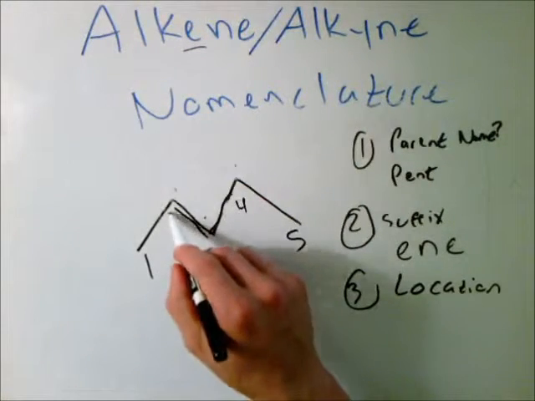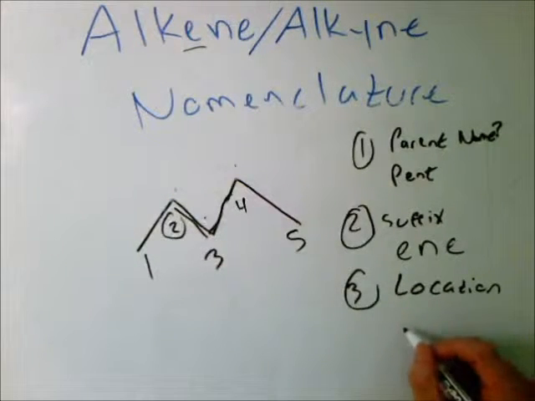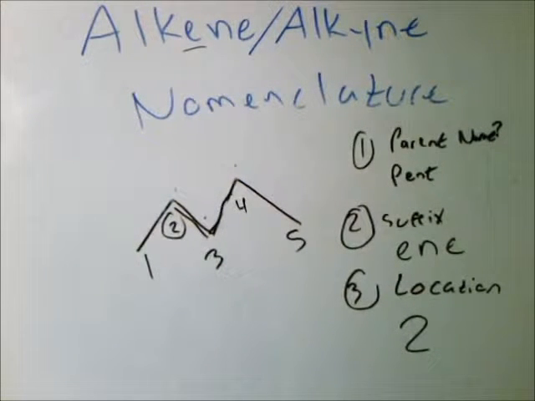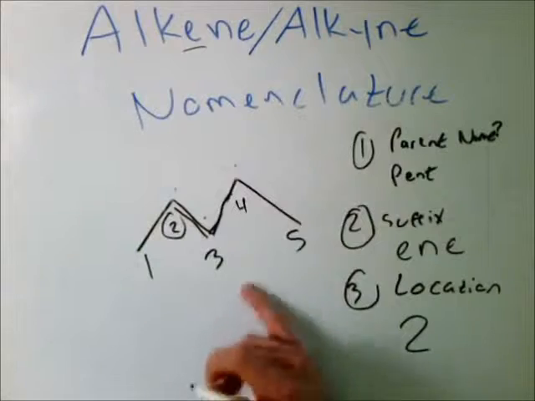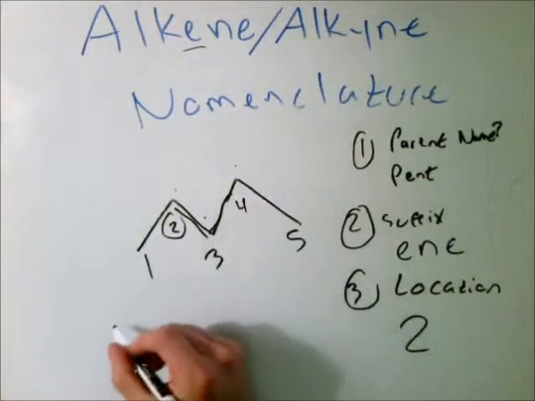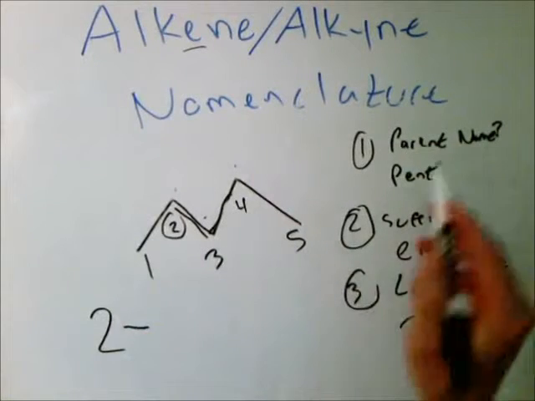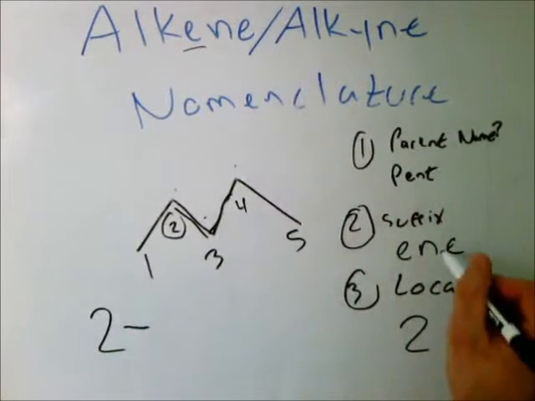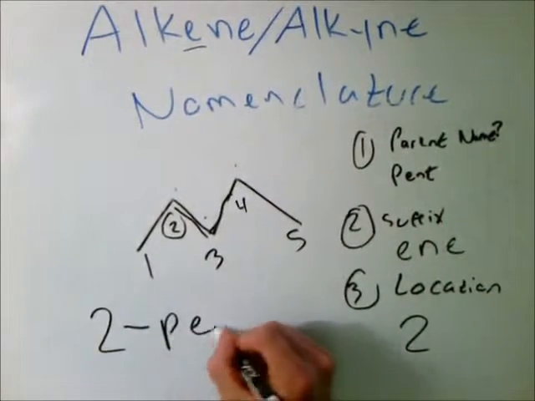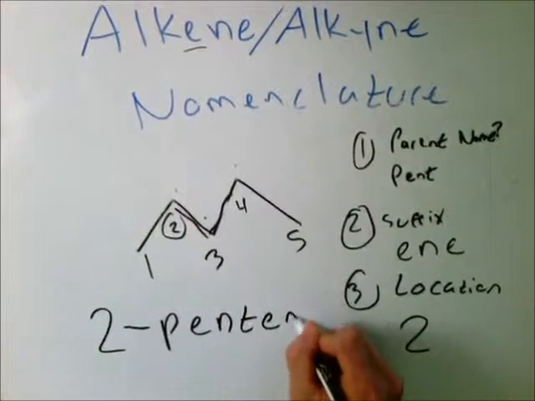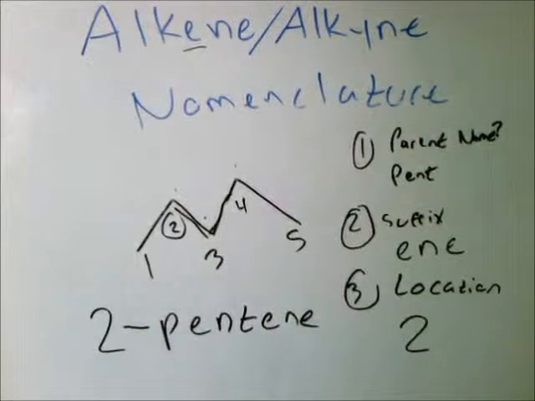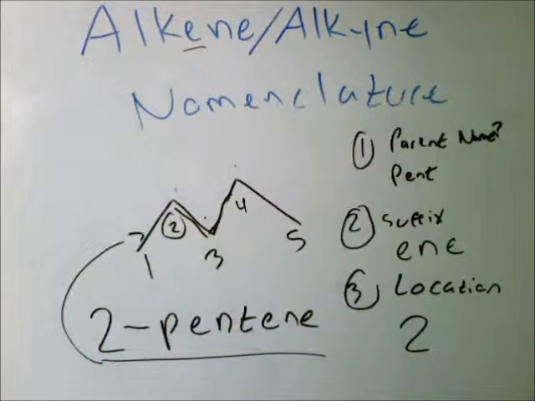You're always going to use the lowest number. So location is 2. To put that all together, all you do is write the location of the double bond, 2, with a dash, and then combine the parent name and the suffix. So pent, -ene, pentene, 2-pentene. So this is the same as this.